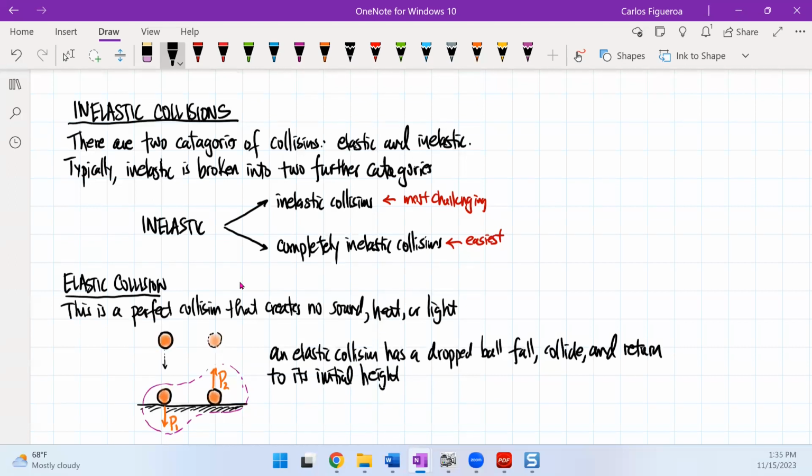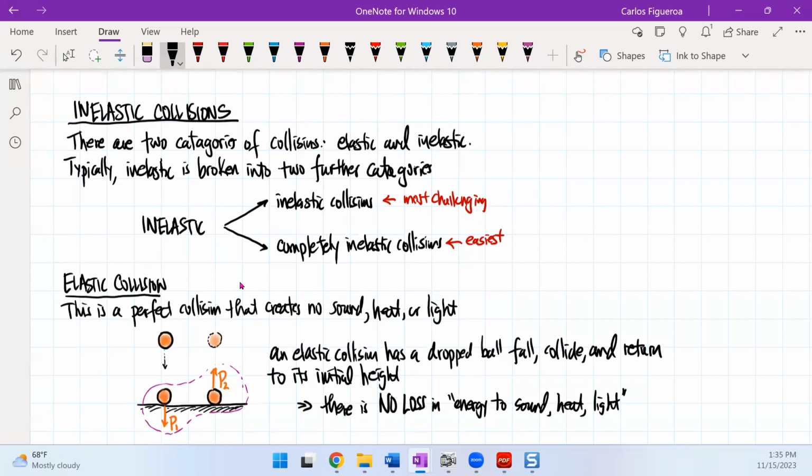And what that really tells us here is that there is no loss in energy to, let's say, sound, heat, light.